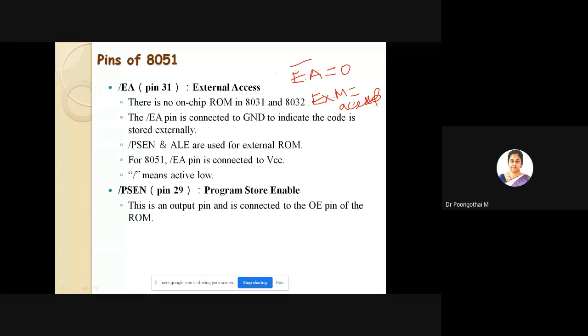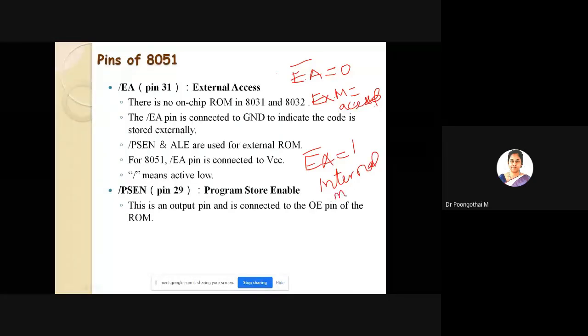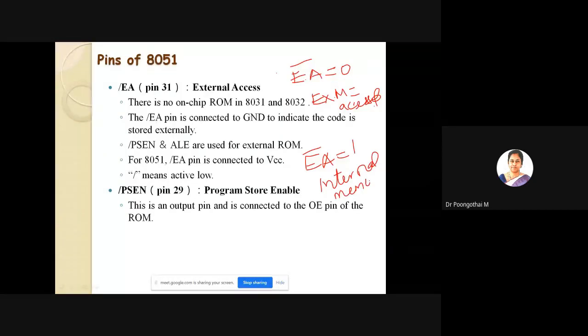If it is connected to ground, your external memory is accessed. If it is connected to VCC, that is EA bar equal to 1, internal memory is accessed. So internal and external memory operation can be differentiated by using this EA bar pin.